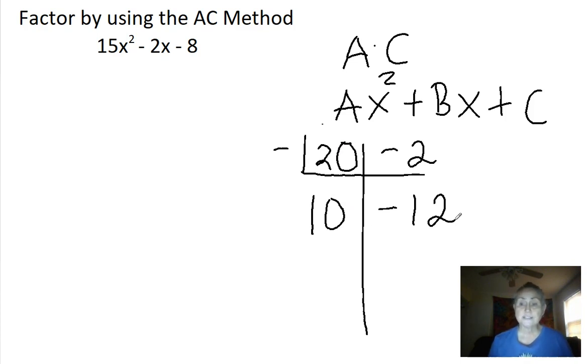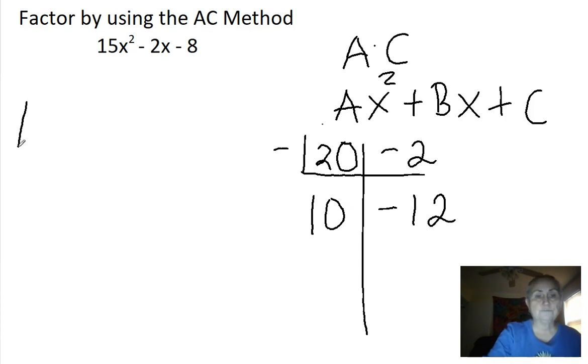So the process says, once you find the two factors that multiply for AC and add to B, that middle term coefficient, negative 2, then you split your middle term into those two terms.